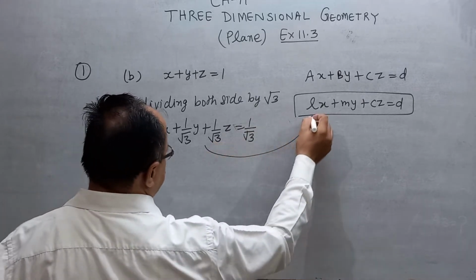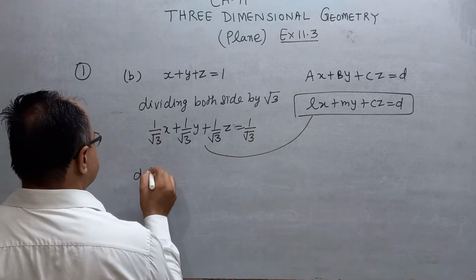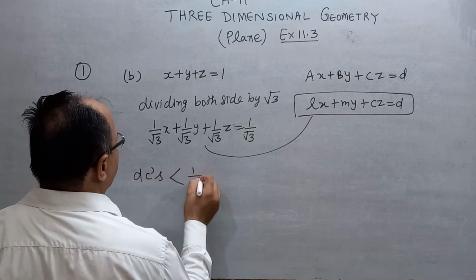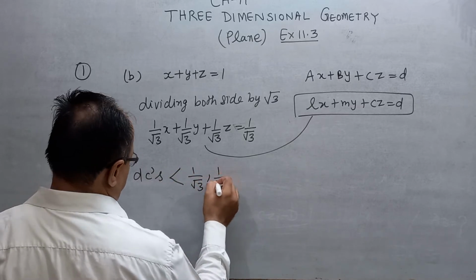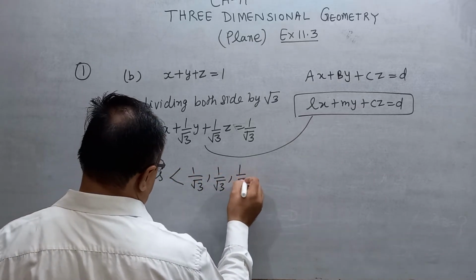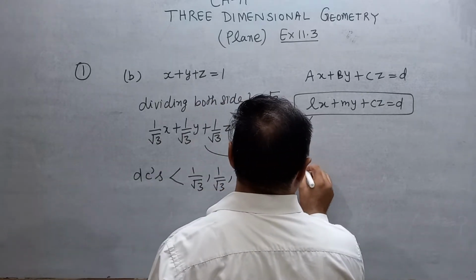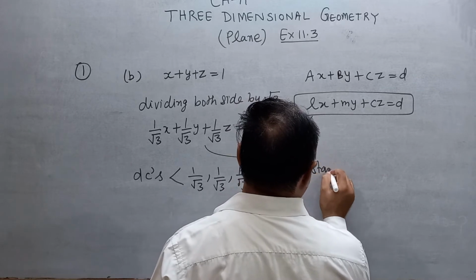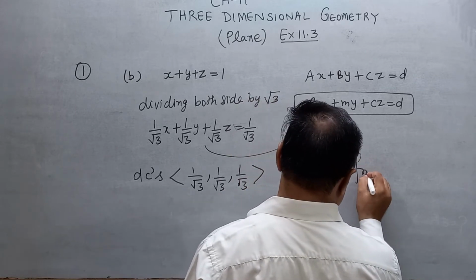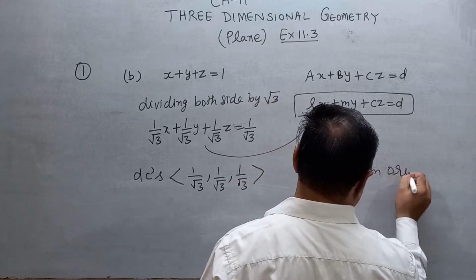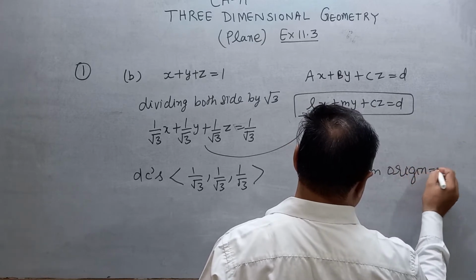When you compare this with this, the direction cosines are 1 by root 3, 1 by root 3, 1 by root 3, and the distance from the origin is 1 by root 3.